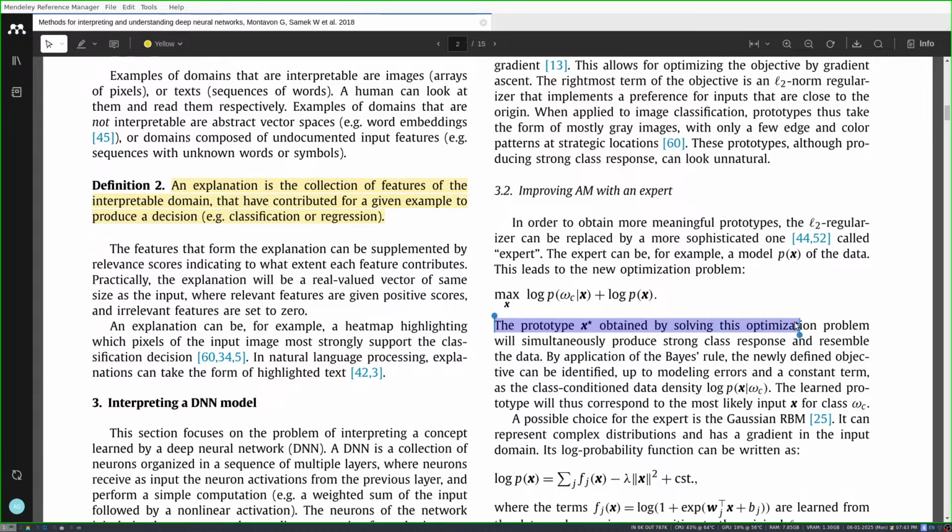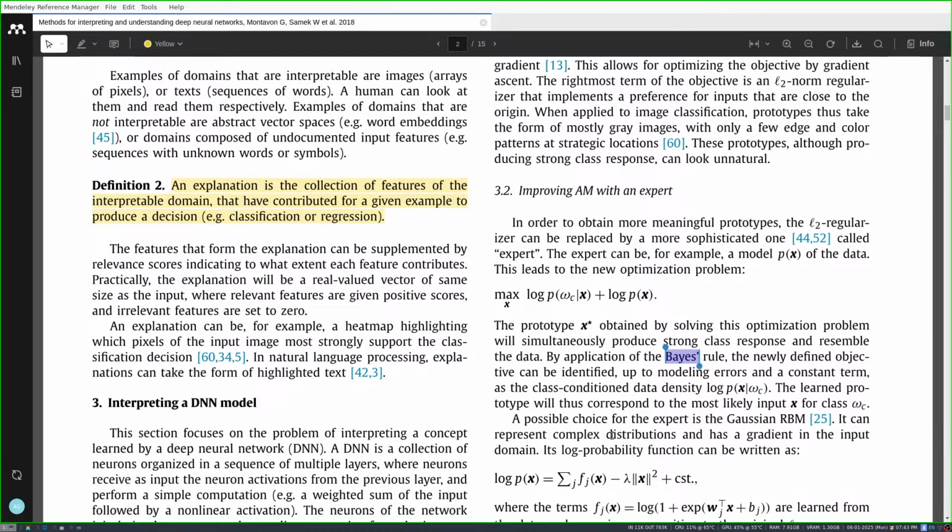Obtained by solving the optimization problem by applying Bayes' rule, the newly defined objective can be identified up to modeling errors and constant terms as the class-conditioned data density log. The density prototype will thus correspond to the most likely input x from the class WC.